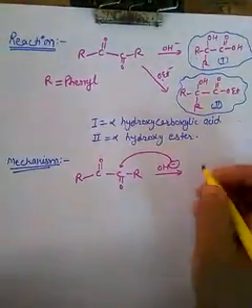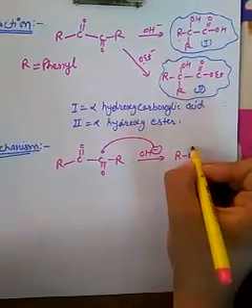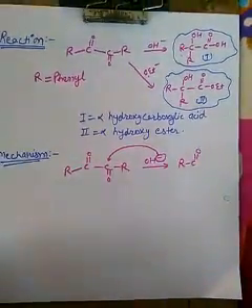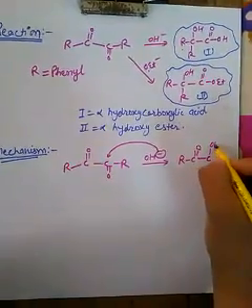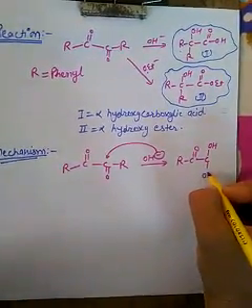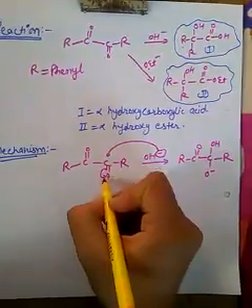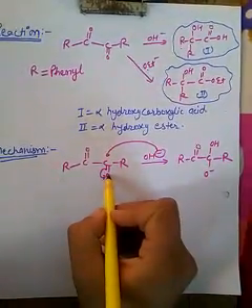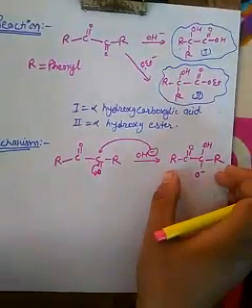Okay, in the first step it will form an intermediate with OH, O negative and R, and this is the first intermediate formed.